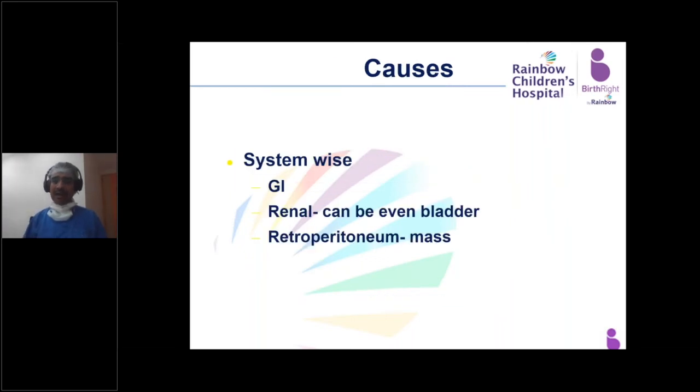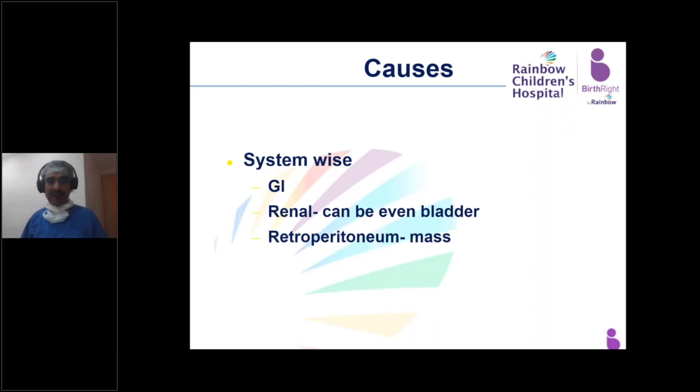So with distension, one approach can be to think system-wise, whether the distension is because of the gastrointestinal tract, and the parts of the GI tract we all know: stomach, small intestine, large intestine. Apart from that, the hepatobiliary system can be another cause of distension.